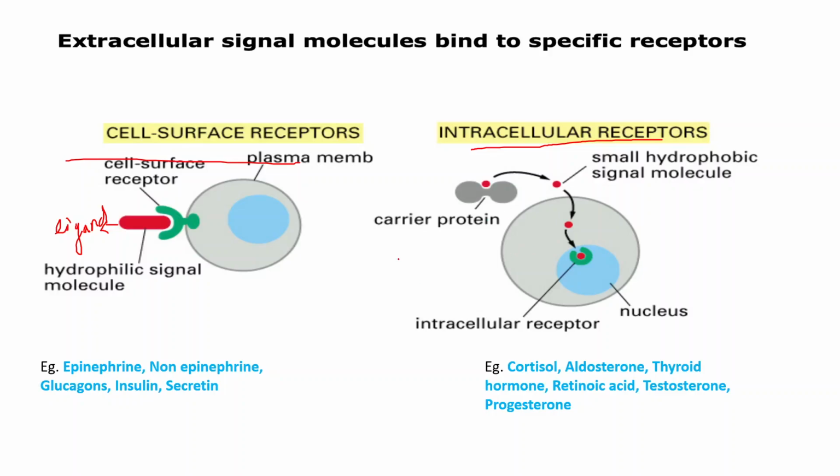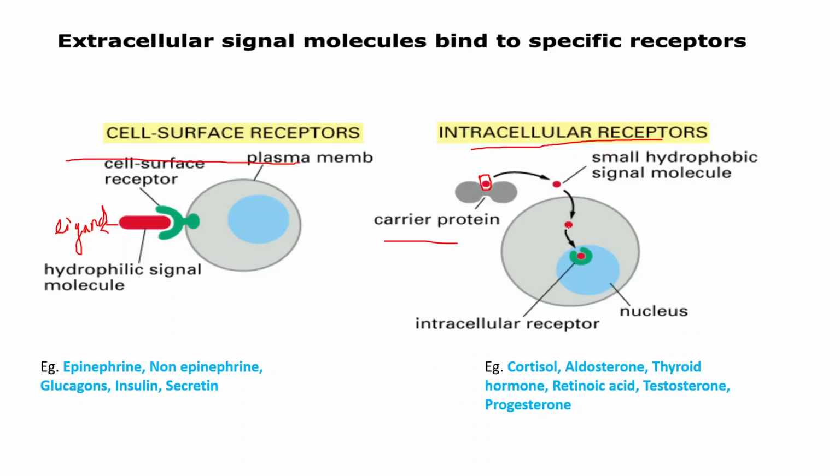To bind with that type of receptor, suppose this is the ligand. This ligand will be carried by a certain kind of carrier protein from outside to inside of the cell. After getting inside the cell, this ligand molecule will bind to the receptor present on the nucleus.